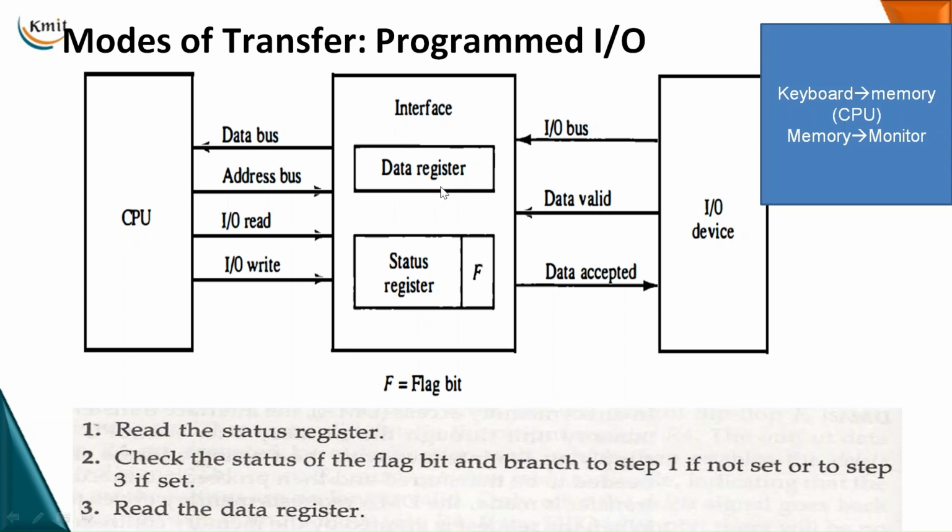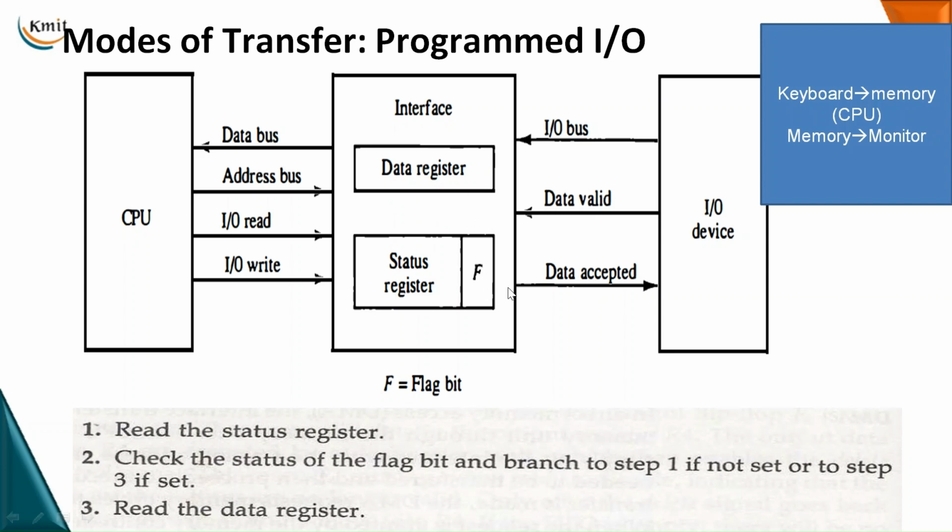Once the data register has an information, the corresponding interface unit has a flip flop called the flag bit F. If this flag bit is set to 1, it indicates that there is an information that exists in the data register.